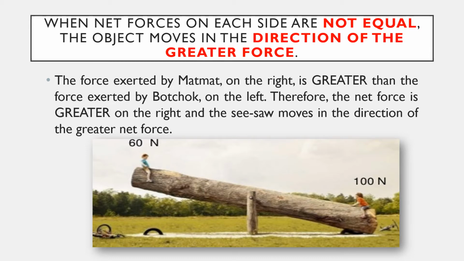If Matmat has 100 Newton and Botchok has 60 Newton, it is very obvious that the greater net force is on the right side, and the seesaw will move in the direction of the greater net force. So, since Botchok has only 60 Newton, he will move upward. And since Matmat has 100 Newton, he will move downward. So remember, when net forces on each side are not equal, the object moves in the direction of the greater force.